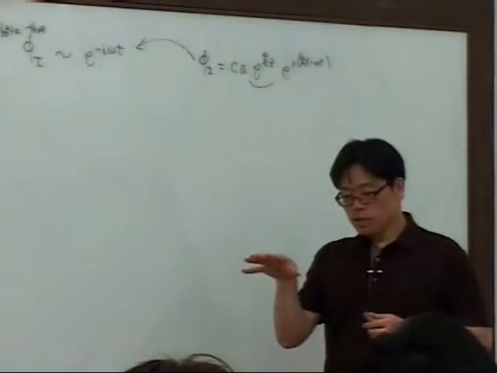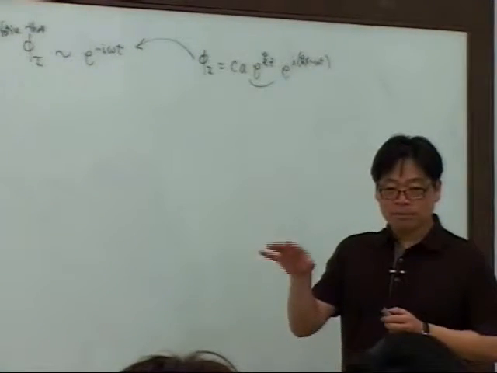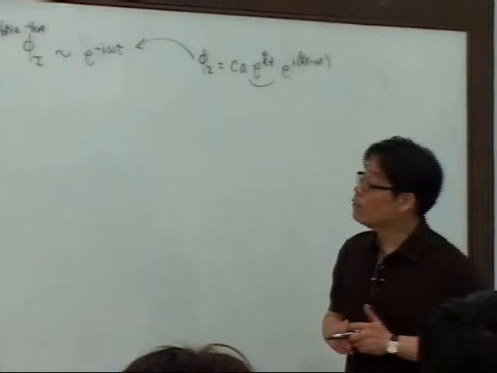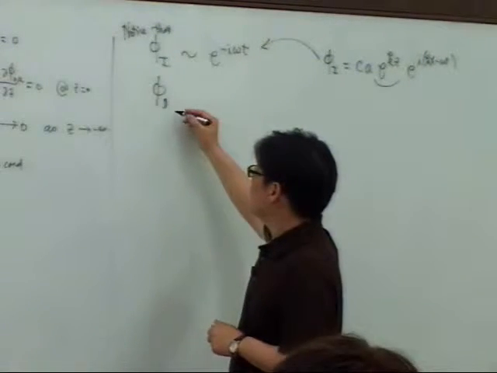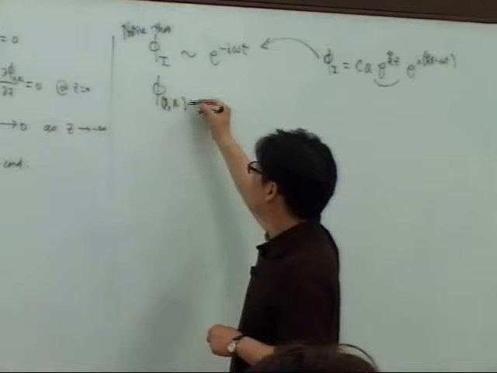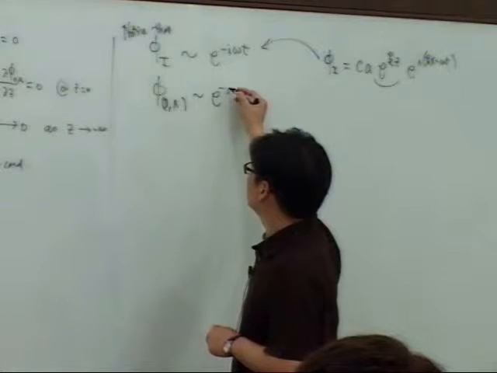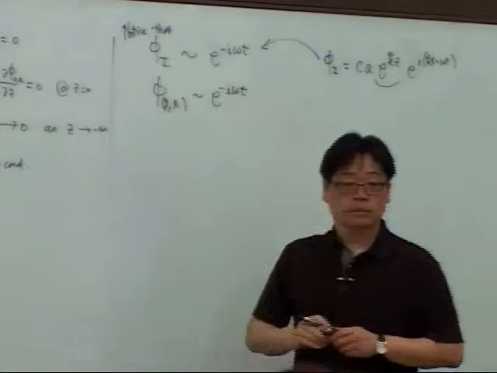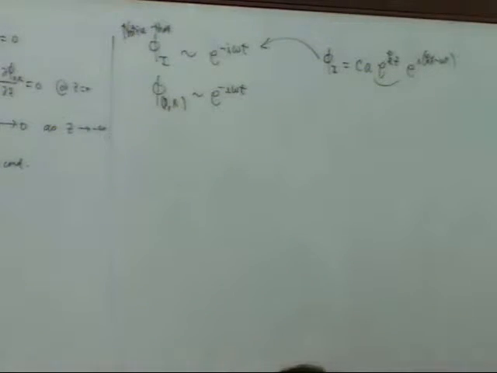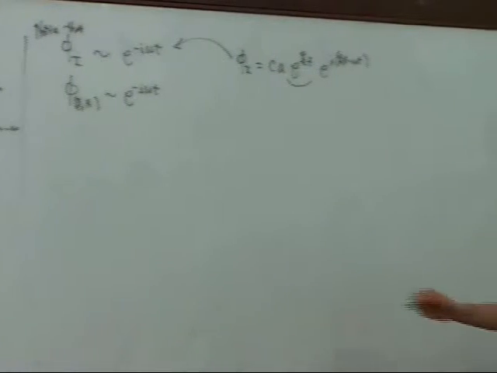So something is periodic in time, and therefore we can imagine phi d and phi r are proportional to e to the minus i omega t. So think about it.